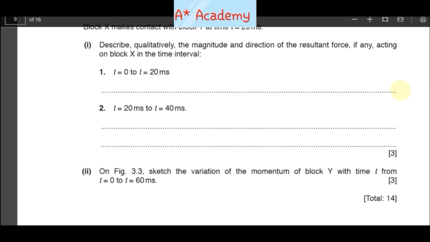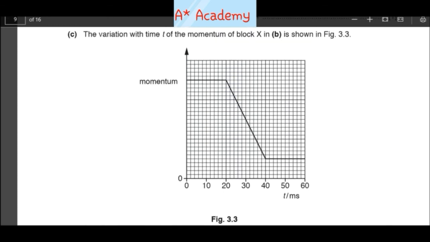Right, then for this part that says sketch the variation of the momentum of block Y with time t from 0 to 60 milliseconds. All we need to do is, firstly, Y was not moving, so its momentum was 0.